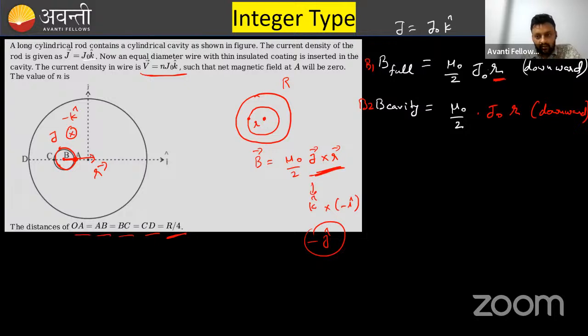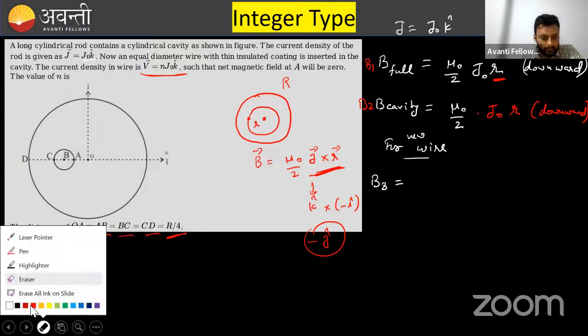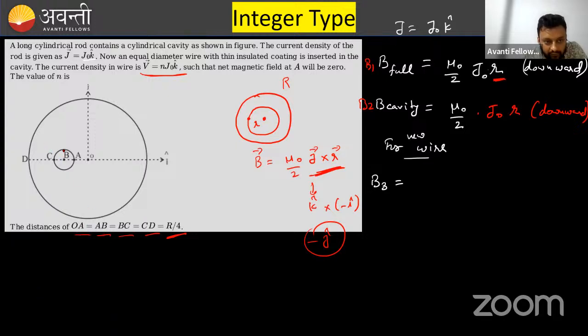I will delete this and redraw it. My focus is on this part of the wire. I don't know the direction of current density, I am just saying the current density is N times J naught.